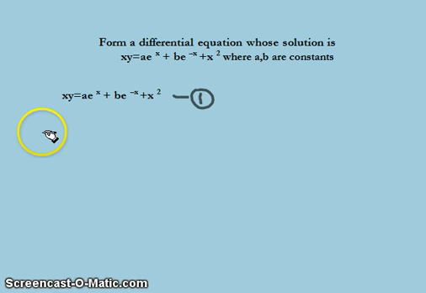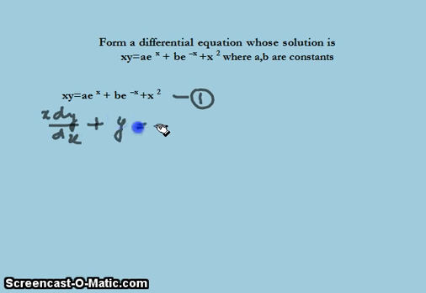Differentiating equation number 1 once, we have x dy/dx plus y equal to a e power x minus b e power minus x plus 2x.